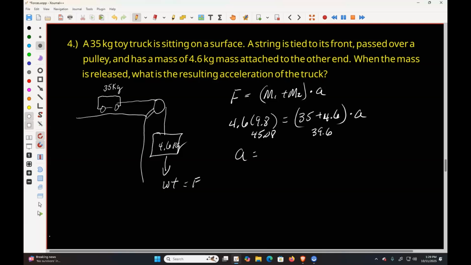So I can say the acceleration then is equal to 45.08 divided by 39.6. So acceleration is equal to 1.14 meters per second squared.